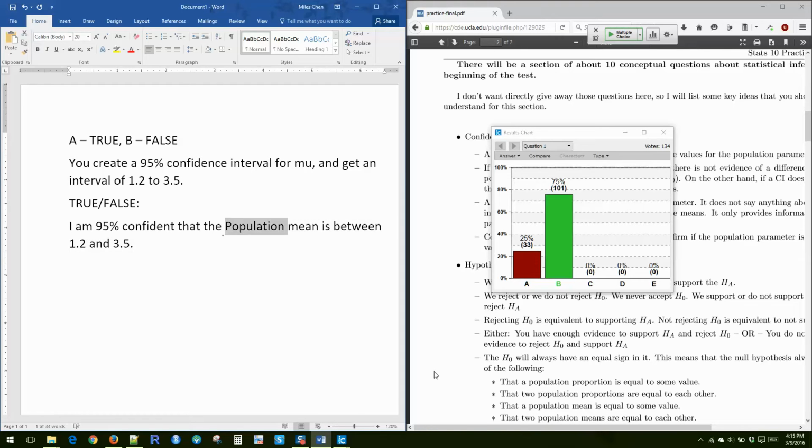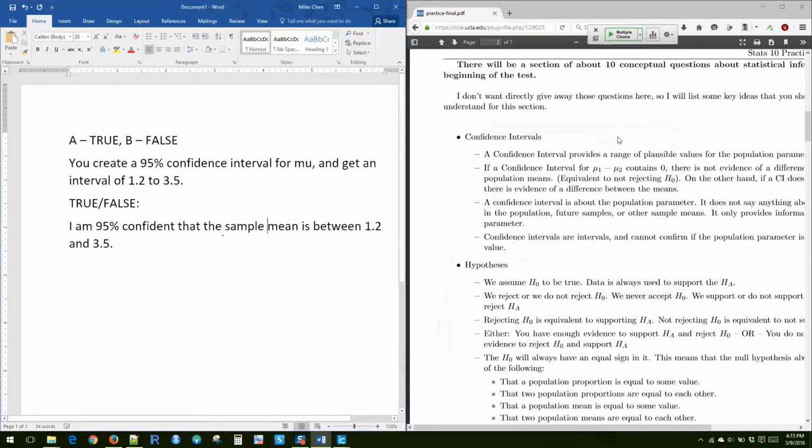But regarding the sample mean, the answer is no, because there's no uncertainty, we know what the sample mean is, okay? What would the sample mean be? It would be halfway between 1.2 and 3.5, right? Okay, because that's what we're using as our basis here, okay?